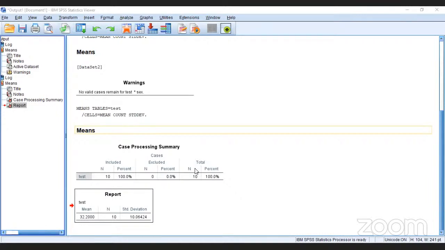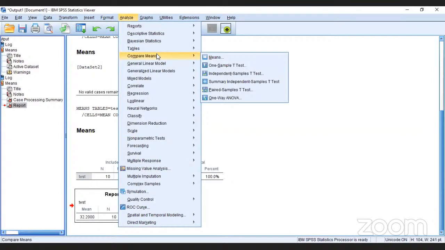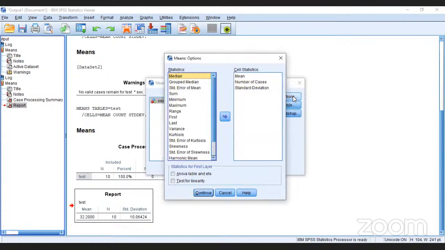So if I go to analyze, then compare means, and if you click the means only, then you will get this result. So you will get only the means, nothing more than that. And if you want to get something more, many things are there, you can add all of them.